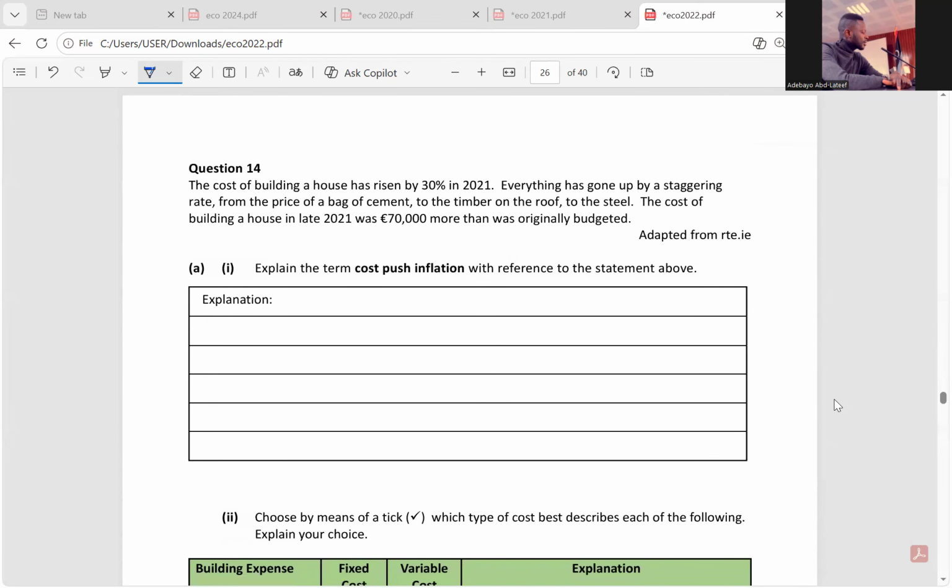It said the cost of building a house has risen by 30%. Everything has gone up by a strange rate, especially the time.